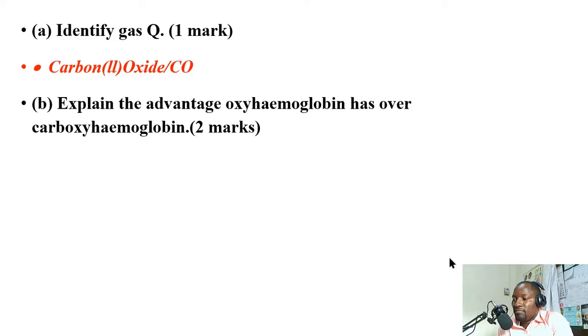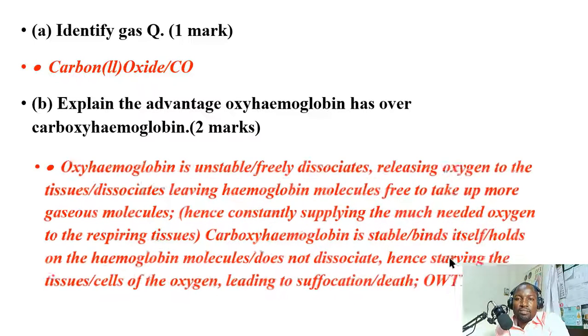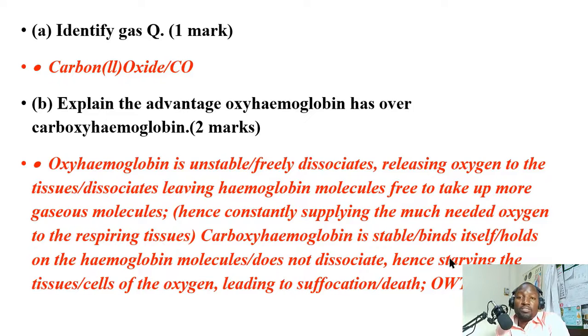Explain the advantage oxyhemoglobin has over carboxyhemoglobin. Oxyhemoglobin is unstable. It freely dissociates, unlike carboxyhemoglobin, which has less dissociative features.